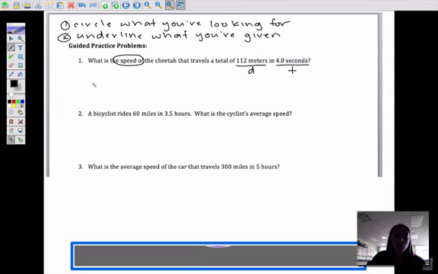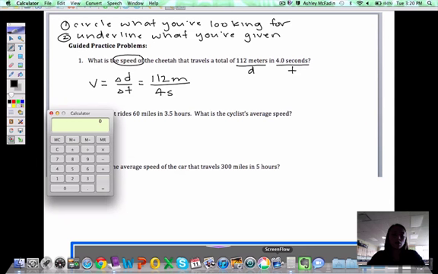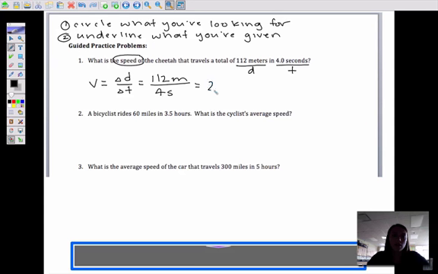So the equation I'm going to use is v is equal to delta d over delta t. So my distance was 112 meters divided by 4 seconds. I'm going to take out my handy dandy calculator. 112 divided by 4 equals 28.